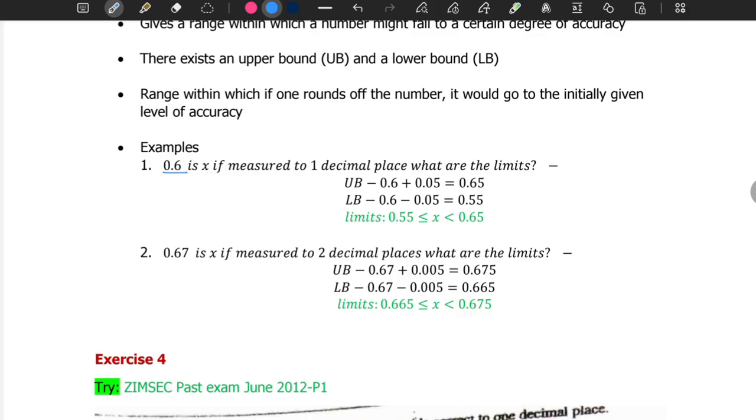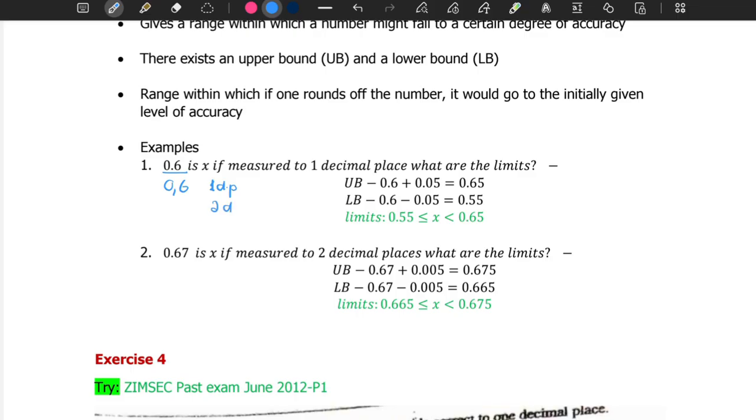What are the limits? It's asking which 2 boundaries can we get such that if we round them to 1 decimal place, we would still get 0.06. So that means you need an upper bound and a lower bound. So when we look at it, 0.6 has 1 decimal place. That means we would have rounded off 2 decimal places.